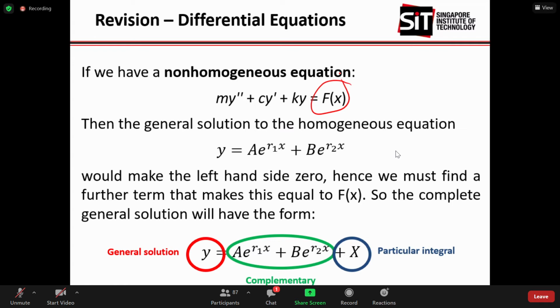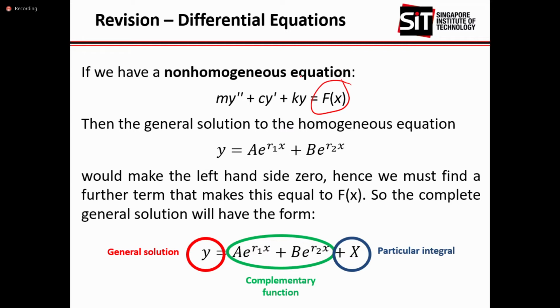We know that the solution to the homogeneous equation is given by assuming two real roots as a e to the power of r1x plus b times e to the power of r2x. And we know that this solution corresponds to this term here being equal to 0.